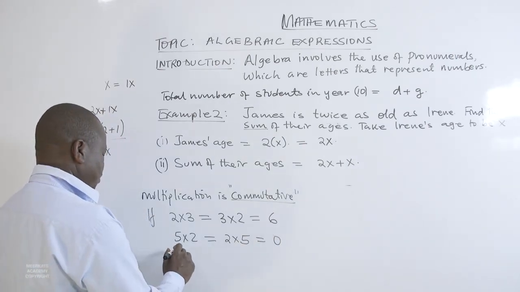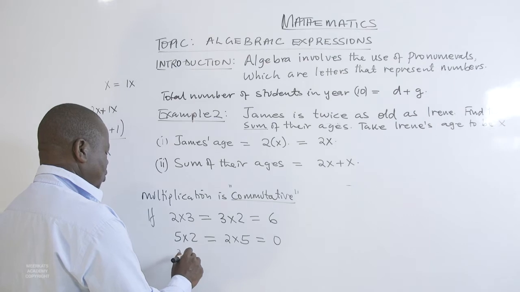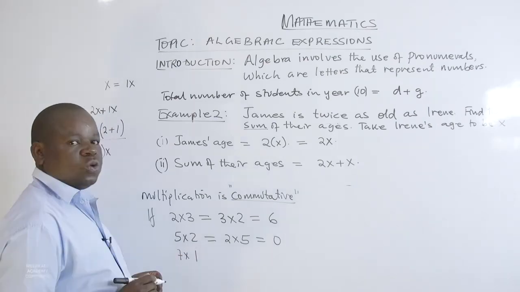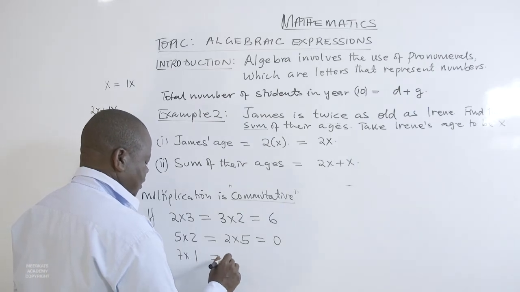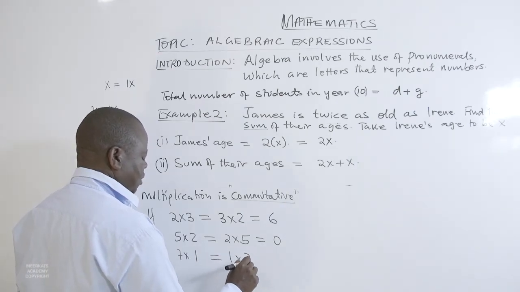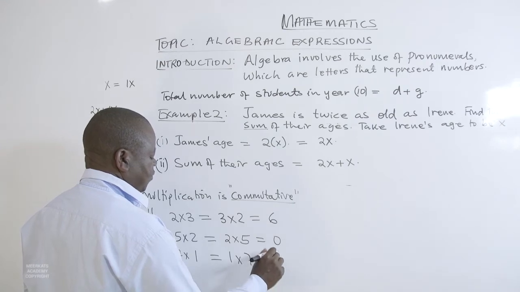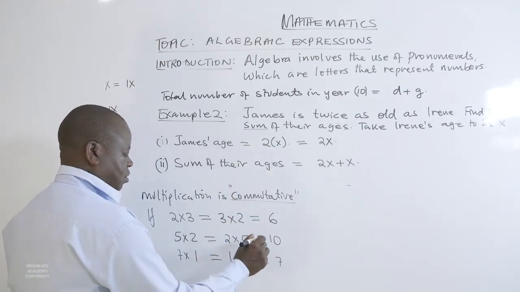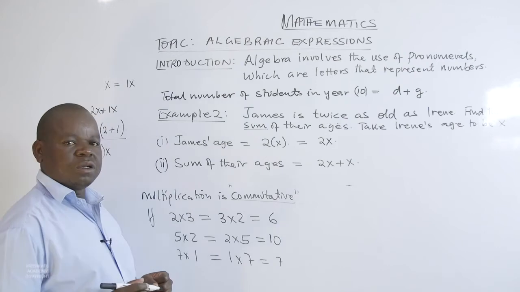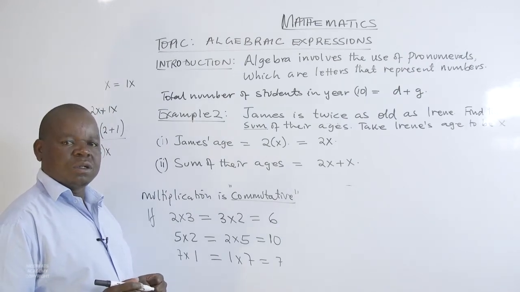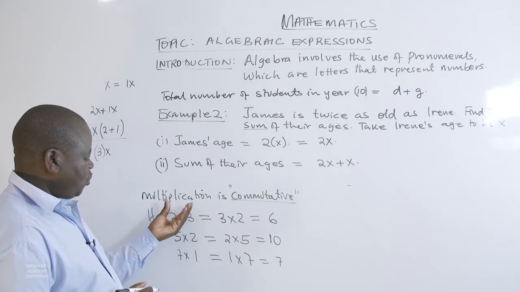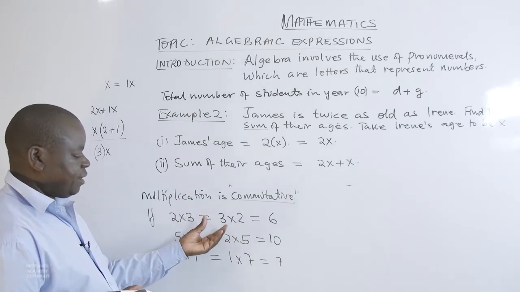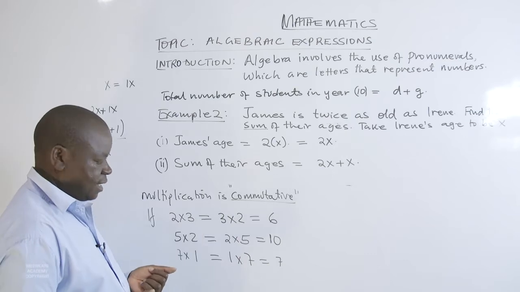If I have 7 times 1, which is 7, this is still the same as writing 1 times 7, which we still get as 7. So you can see that if we interchange the position of the multipliers, we still get the same answer.